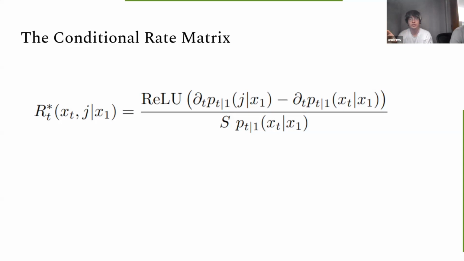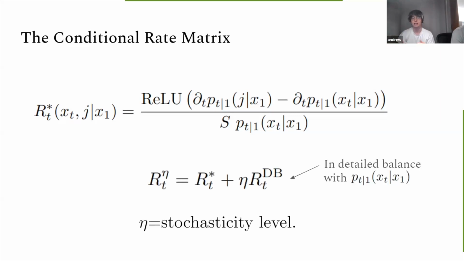And this rate matrix satisfies the Kolmogorov equation, so it will give you those conditional marginal distributions, but it has particular dynamics in that it has very few transitions in the trajectory space. Like a CTMC, the continuous time Markov chain, will make very few jumps. So if we want dynamics that have more jumps in them, we can artificially add in some more rate into that process by adding in some amount of rate matrix that is in detailed balance with the marginal distribution.